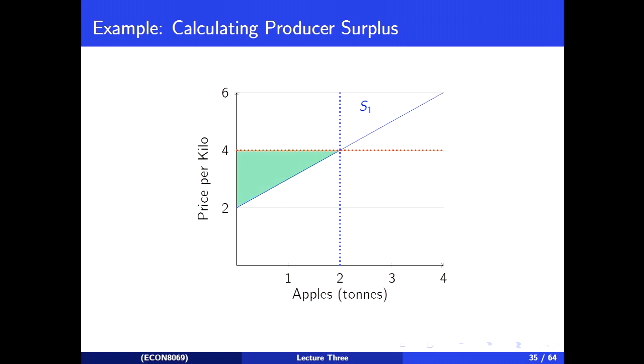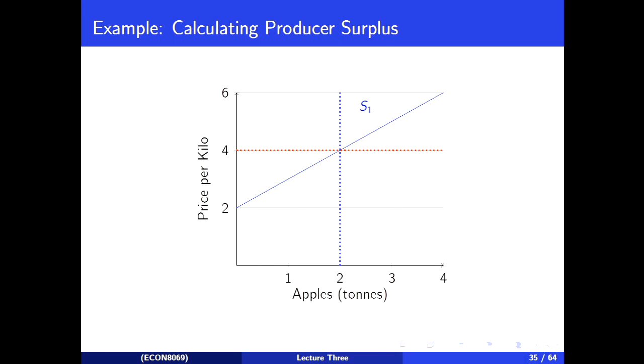In this example, this S1 is the supply curve, and we face a price of $4 per kilo. The market means I can sell my goods for $4, right? I want to maximize producer surplus. That means I'm going to produce 2 units, 2 tons of apples. And so my producer surplus is going to be this region here, because my total revenue is 4 times 2.